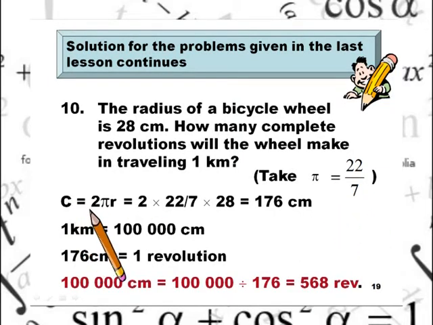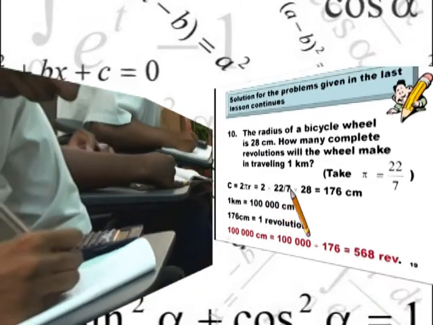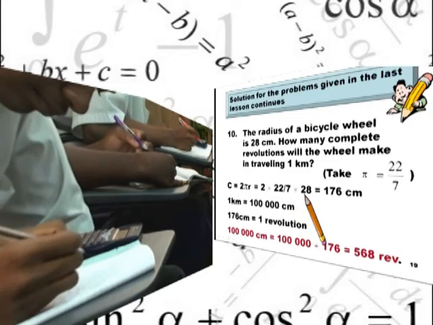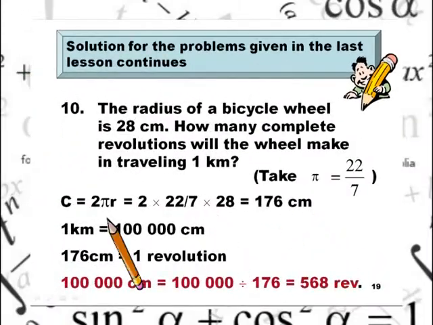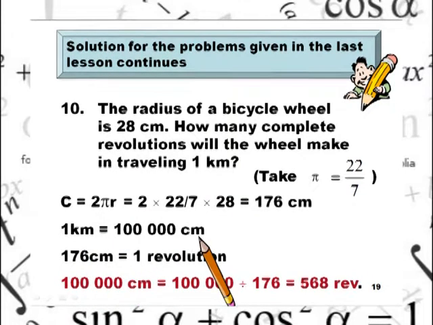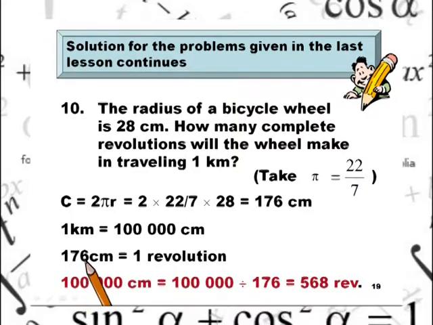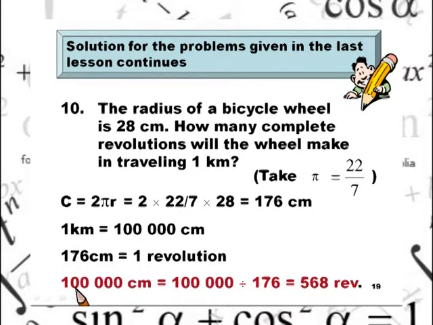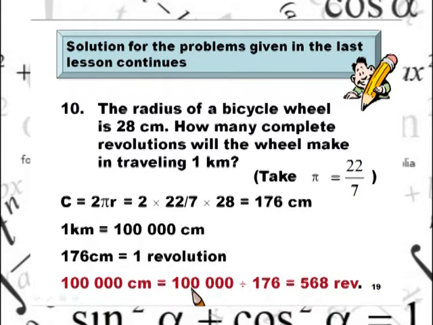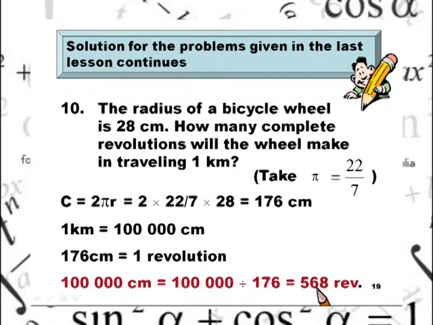Circumference C is equal to 2 pi r, and that is equal to 2 multiplied by 22 over 7 multiplied by 28 equals 176 cm. 1 km equals 100,000 cm. 176 cm equals 1 revolution. 100,000 cm is equal to 100,000 divided by 176, and that is equal to 568 revolutions.